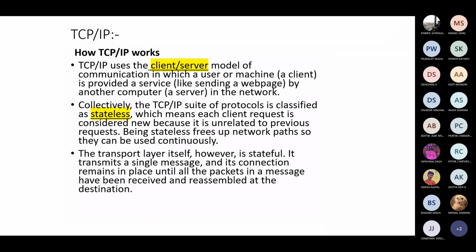So how does TCP/IP work? TCP/IP uses a client-server model. I think all of you know about the client-server model. The client sends the request to the server, and the server responds to the client's request.